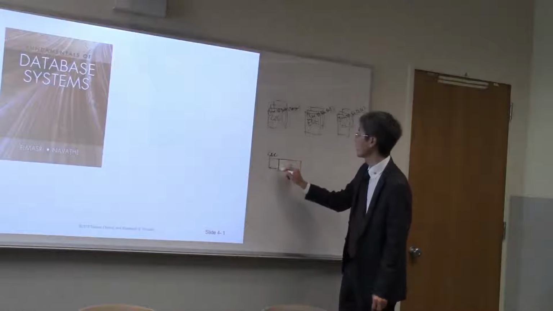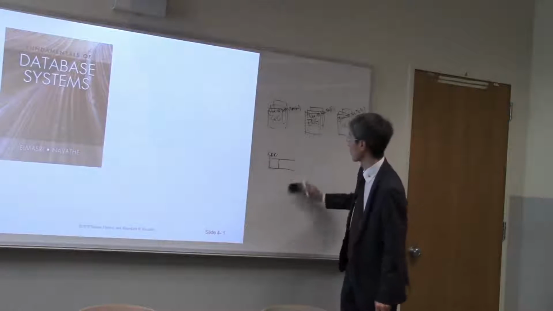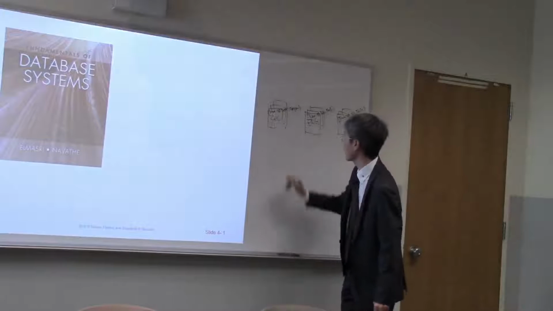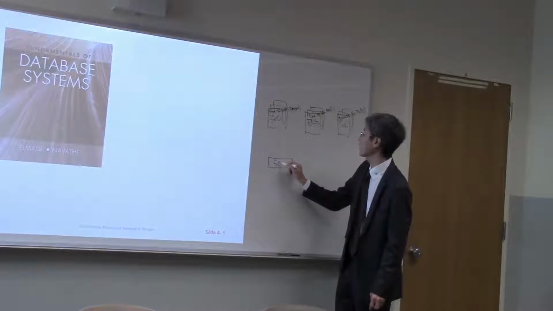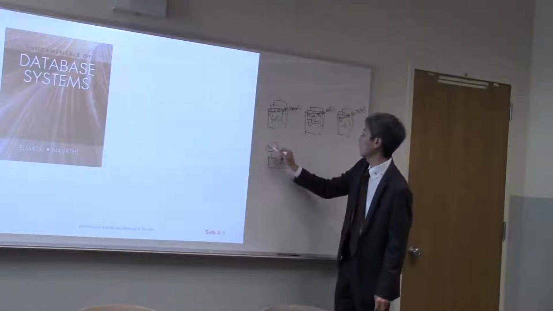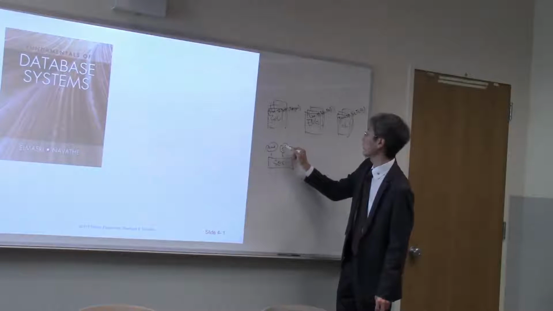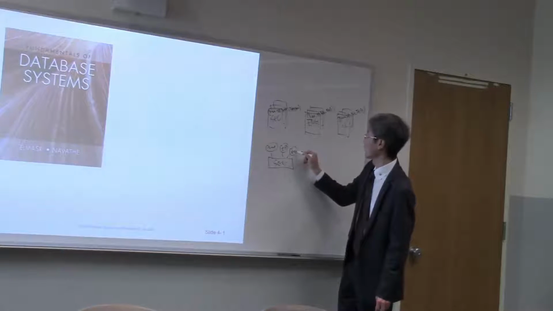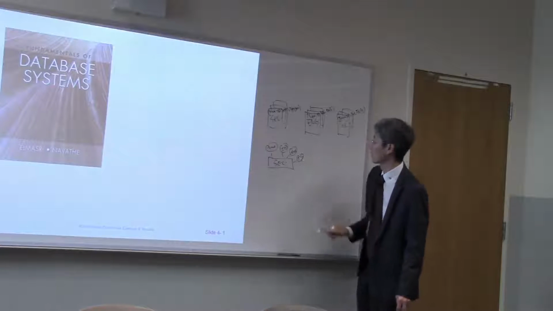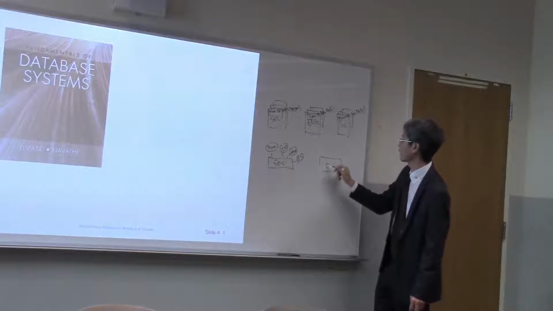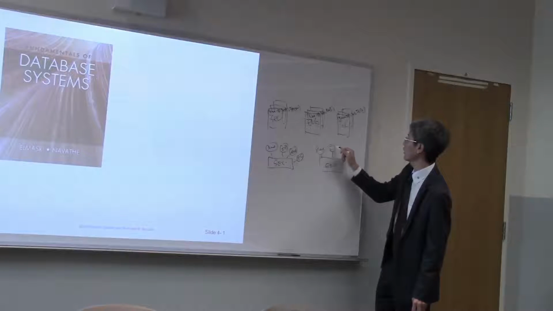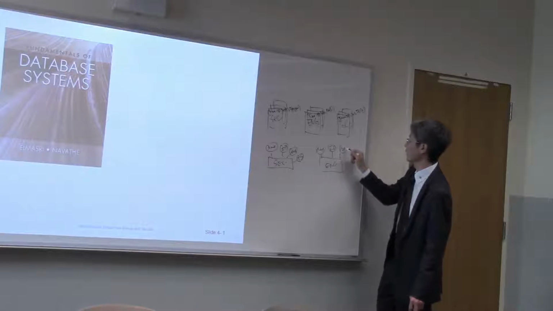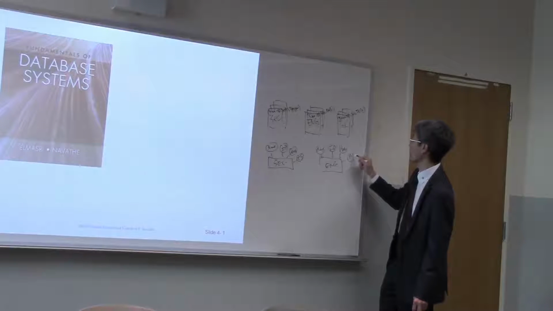Okay, then we can use the ER diagram notation: secretary, name, ID, address, typing speed. Also we have engineer, name, ID, address, and engineer type.